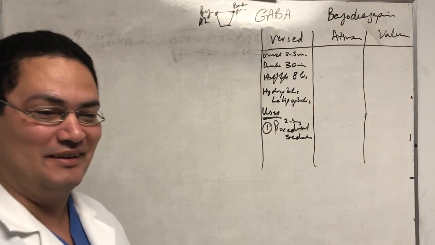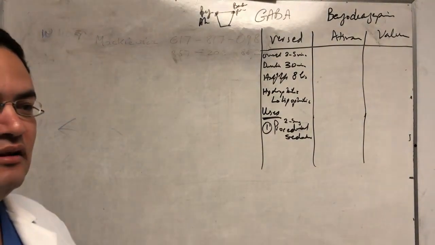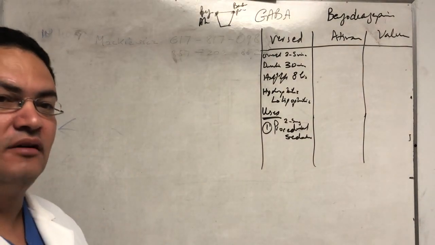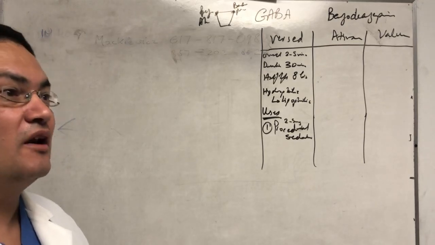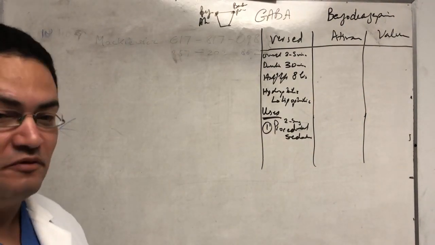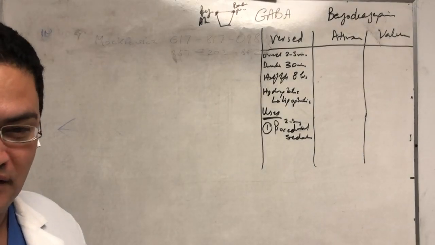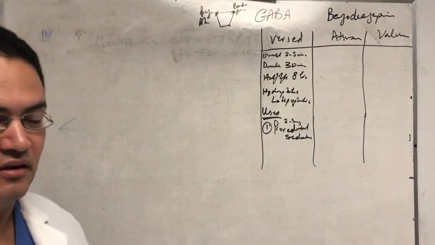Unless you do something I don't know. But if I give you 500 mics of fentanyl and cut your finger, you're gonna be screaming at the top of your head, and you'll be crying and breathing so fast, and you need more fentanyl. So it's all about the stimulation that you're doing. Central line is different than other things, right?